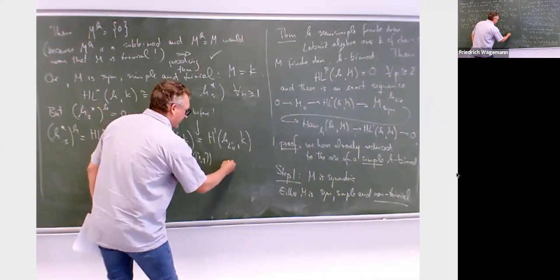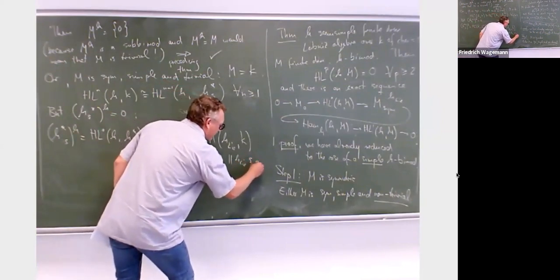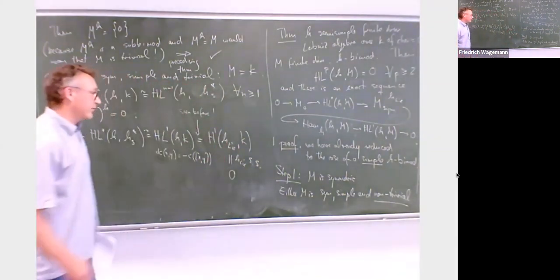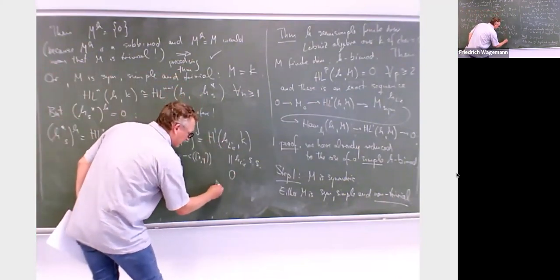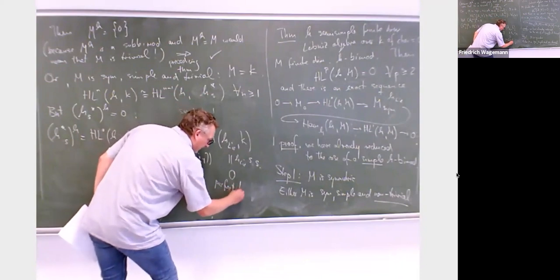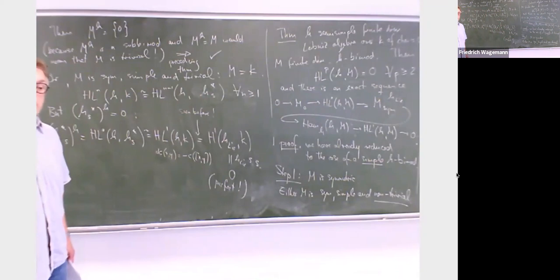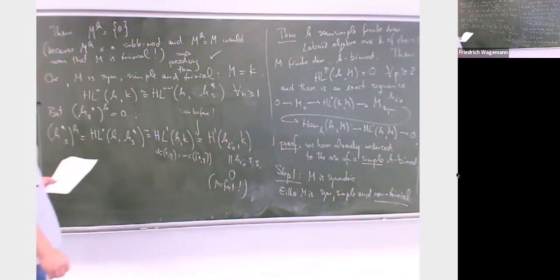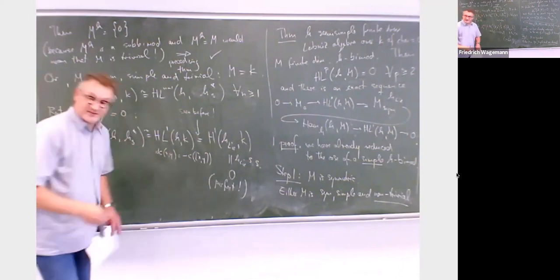And so as H_Lie is semi-simple, this is just 0, because the semi-simple Lie algebra is perfect, meaning equal to its commutator subalgebra. So this is 0, and therefore these spaces here are 0.